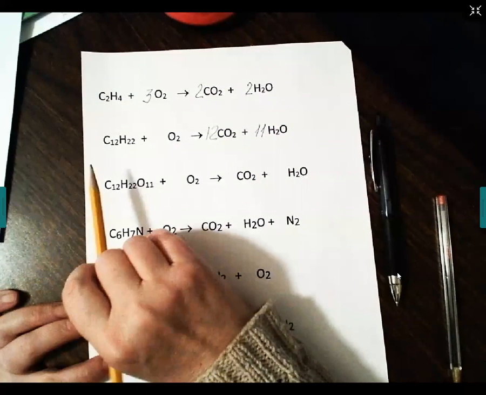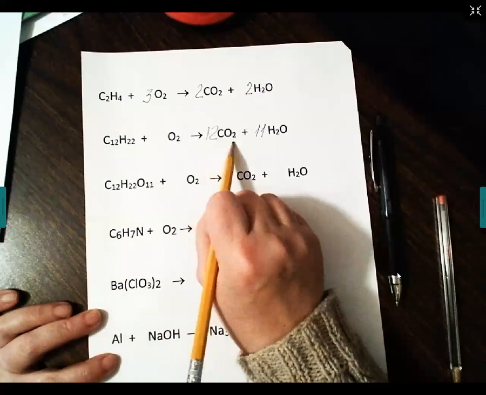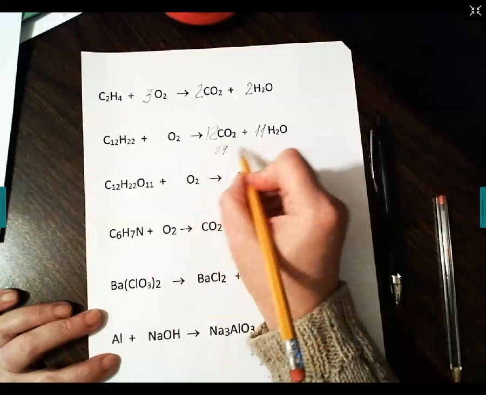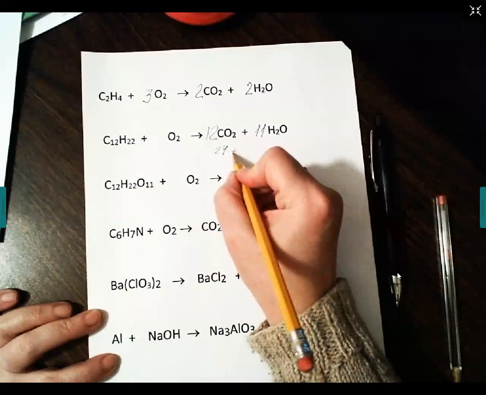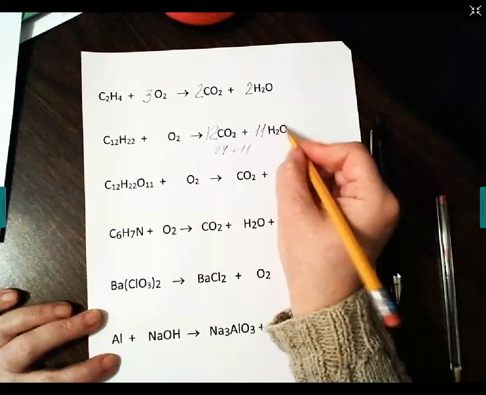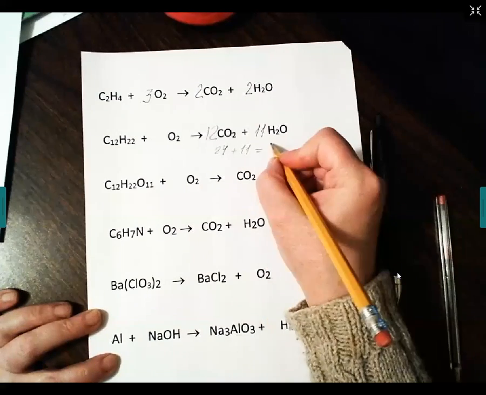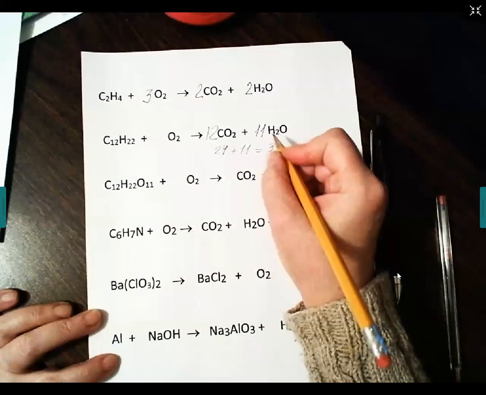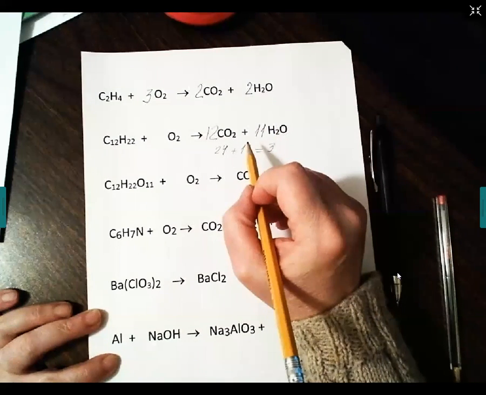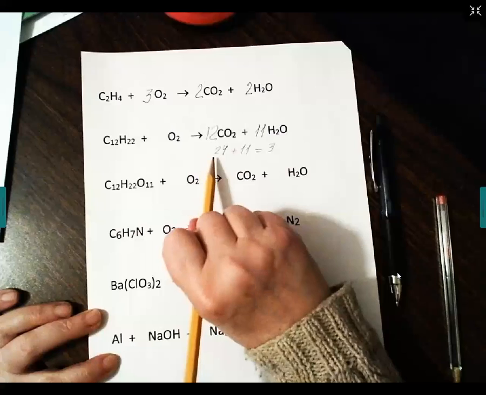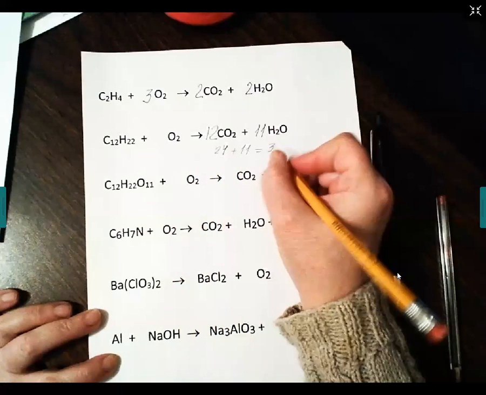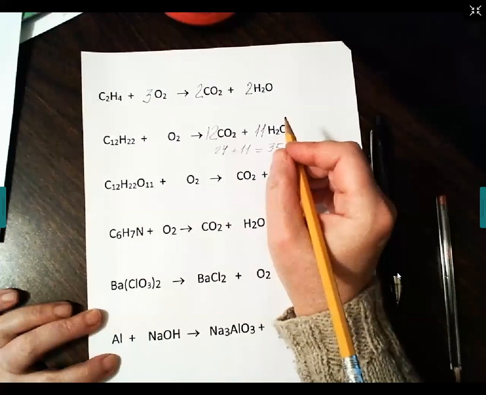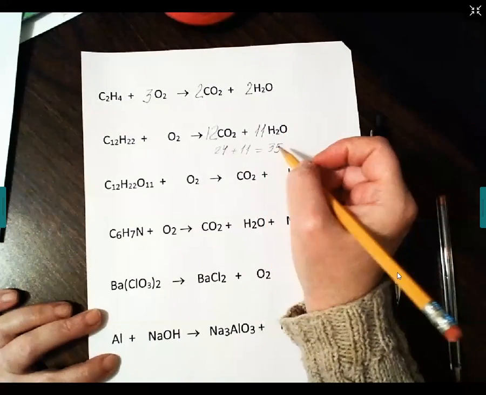Now let's calculate oxygen. 12 times 2, 24, plus 11 oxygen atoms in water. So we have 35, which is an odd number.